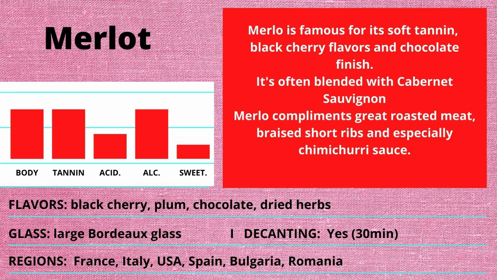We suggest the Bordeaux glass again. Decanting, yes, you can decant the Merlot, not as important as decanting Cabernet Sauvignon, and not so long, but you can decant it so it can take some fresh air. The most important Bordeaux Merlots are from France, but you also have some amazing wine in Italy and the United States and pretty much everywhere in the world.